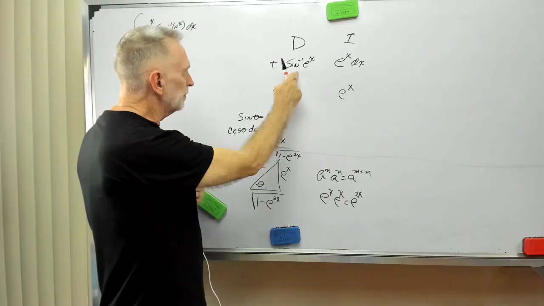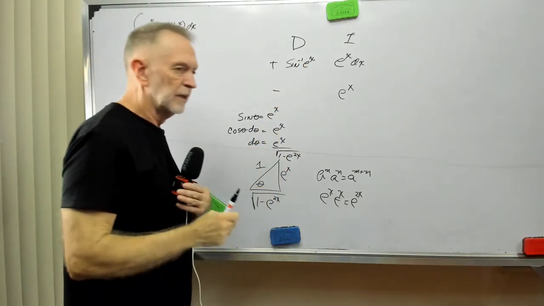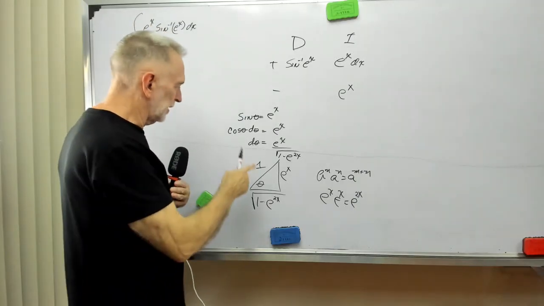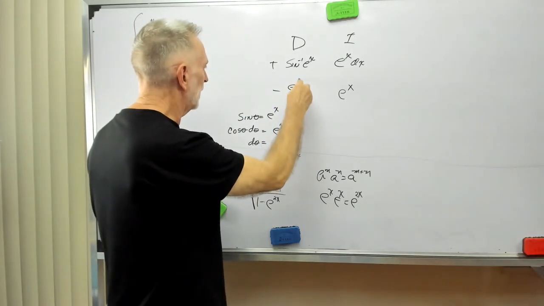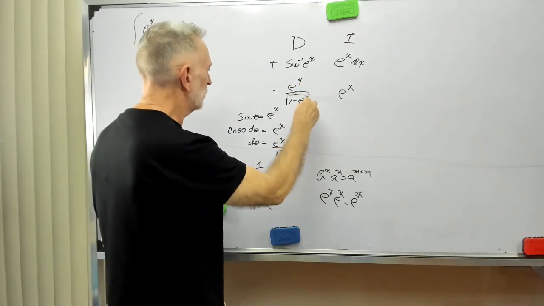So the derivative of inverse sine of e to the x is the same as the derivative of theta, which is d theta, so that's e to the x over the square root of 1 minus e to the 2x.